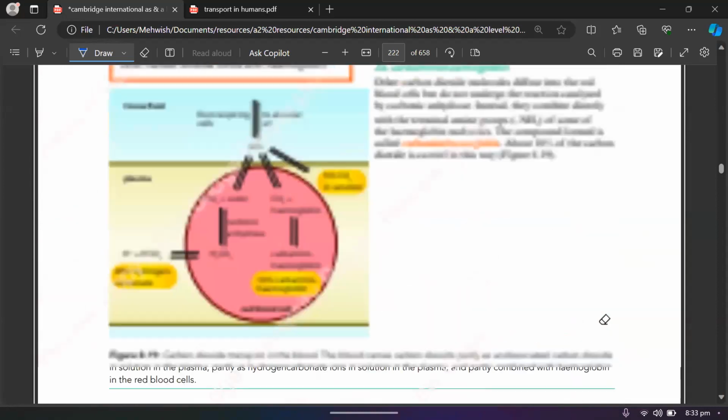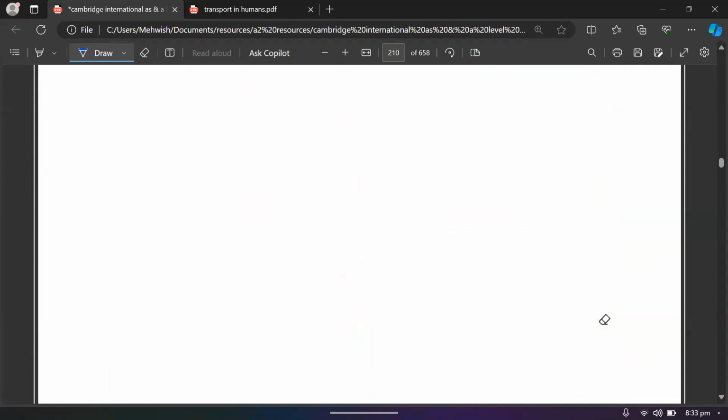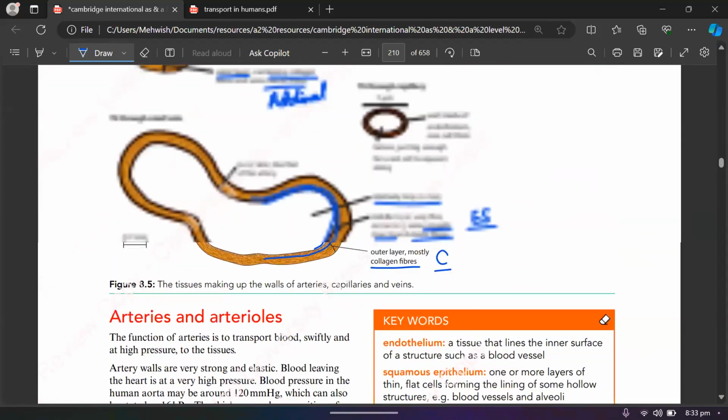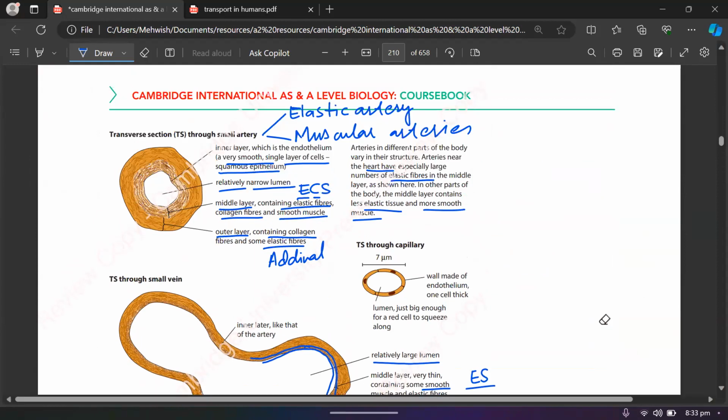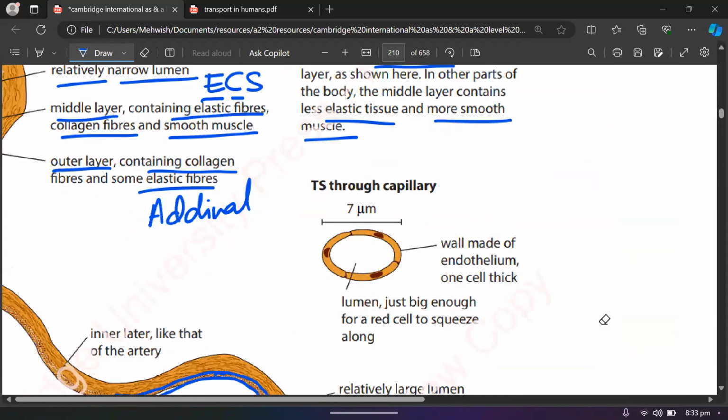Capillaries are microscopic structures, and they cannot be seen with the naked eye. You can only see them with the help of a microscope because their diameter is only 7 micrometers, which is almost the same as the diameter of a red blood cell.